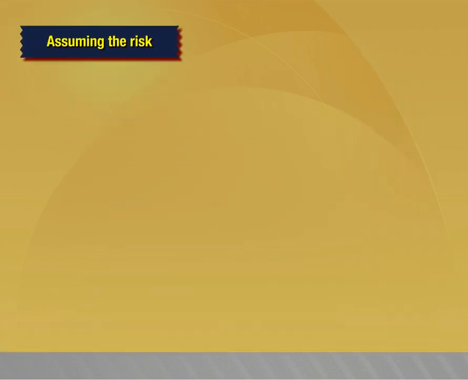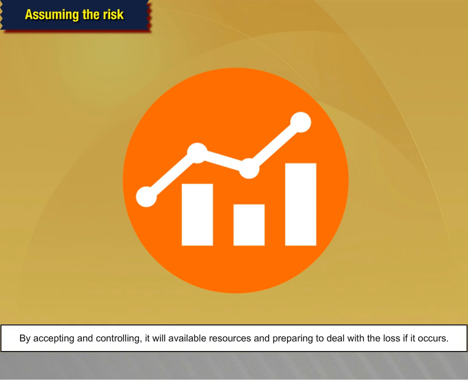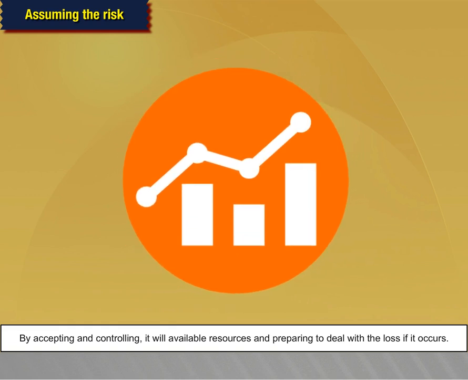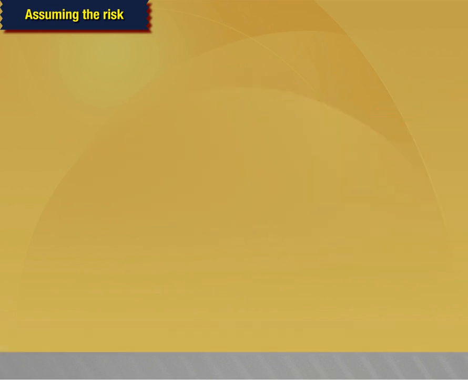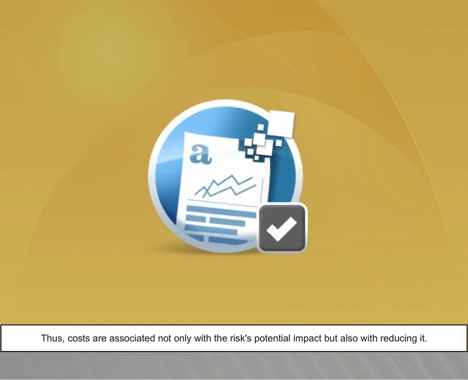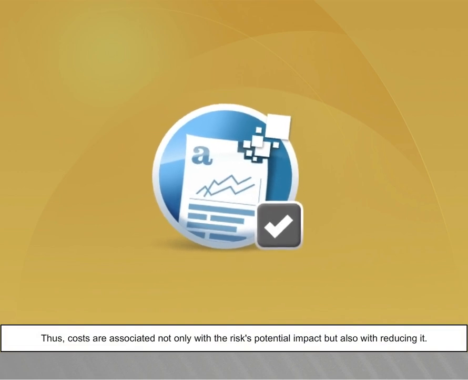Third, assume the risk by accepting and controlling it, allocating resources and preparing to deal with the loss if it occurs. Thus, costs are associated not only with the risk's potential impact but also with reducing it.